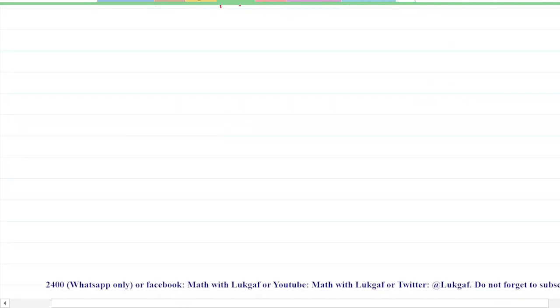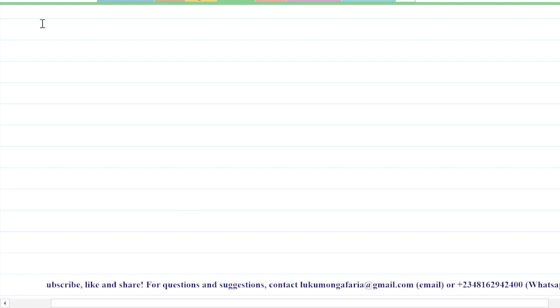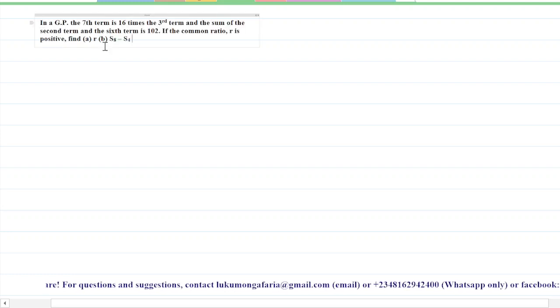Example. So let me just copy it here because of the time. So example, I have in a GP, that is your geometric progression, the seventh term.